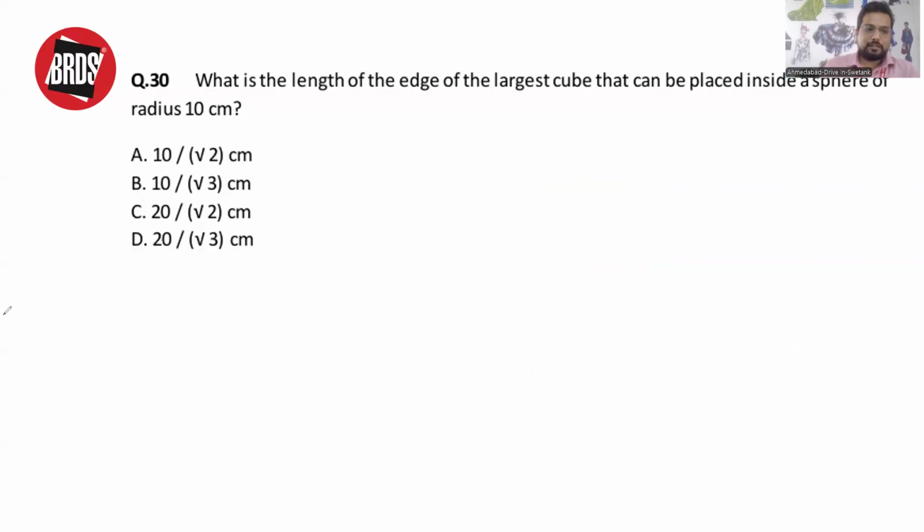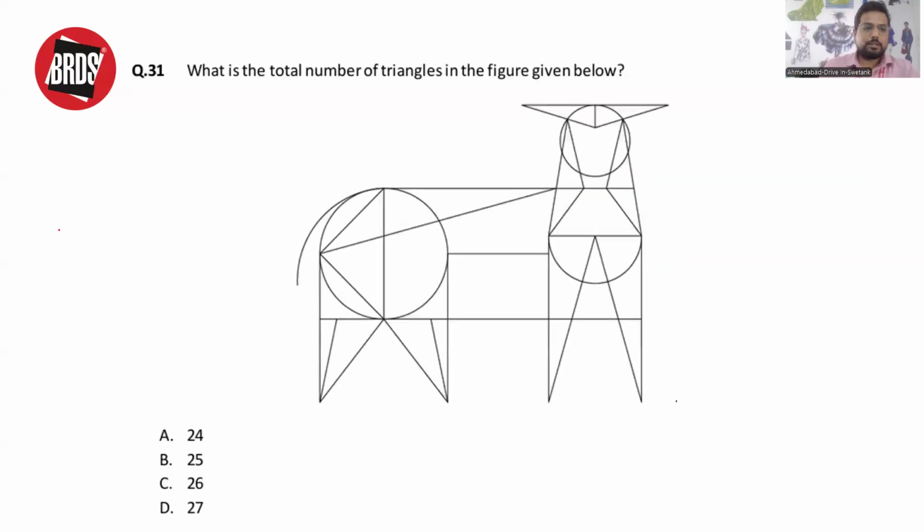Moving ahead to the very next question, question number 31, about counting the number of triangles in the given shape. There are multiple methods you could have used. I'm going to try to solve this one with two different methods. First of all, I'm going to solve with the triangles which together are forming that shape.